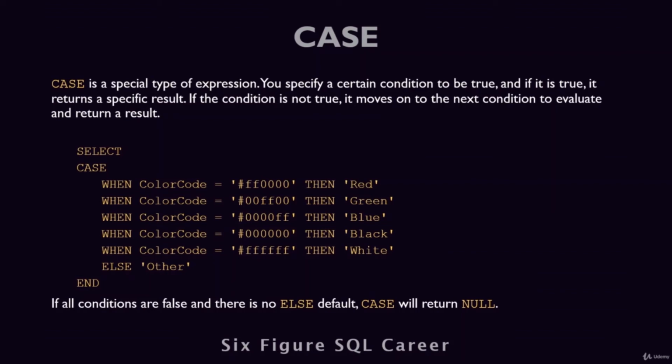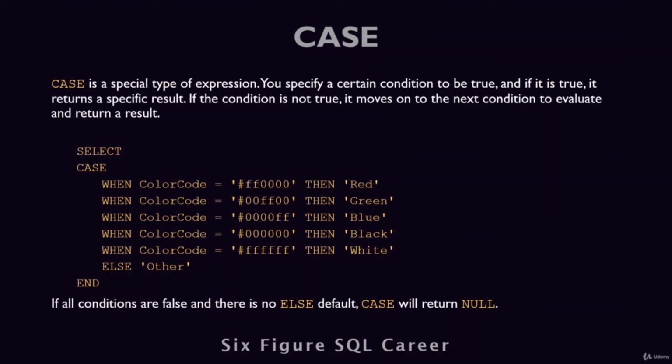So to use a case expression, you open with the case keyword. You list each condition using when followed by the condition, and then use the then keyword followed by the result to give if that's true. You list these in order, and they will be evaluated in the order that's specified.